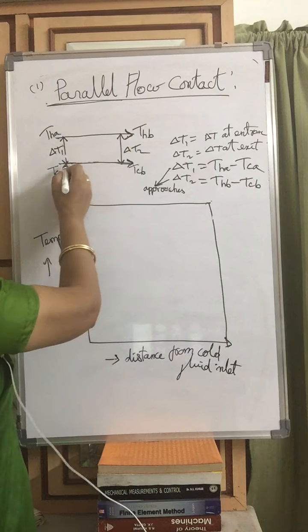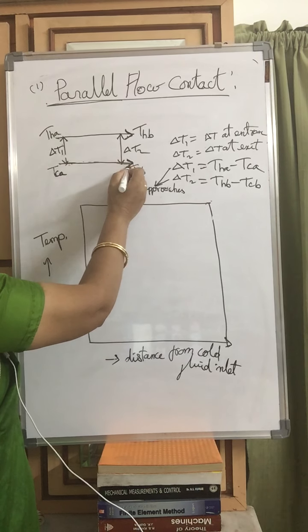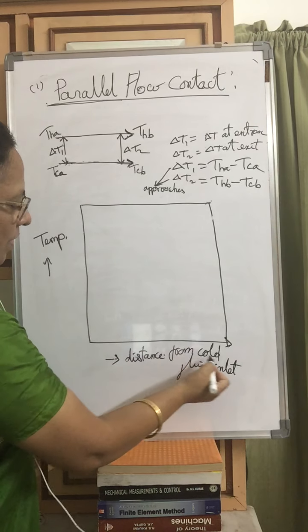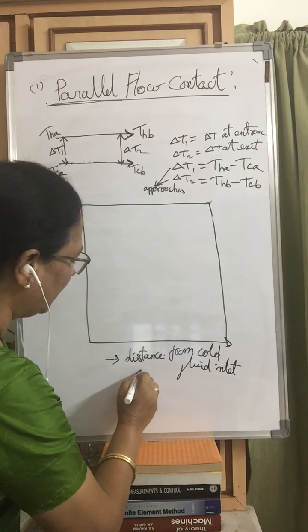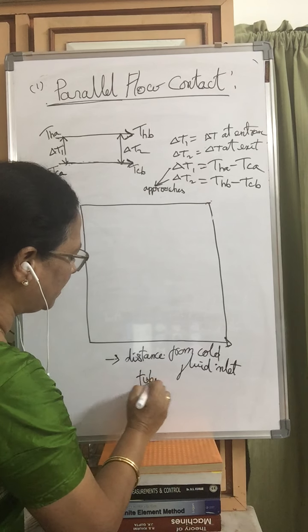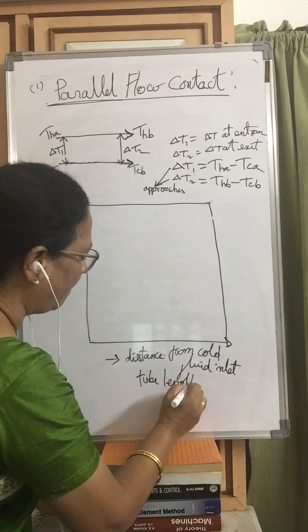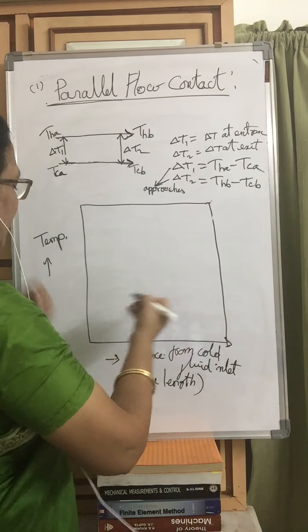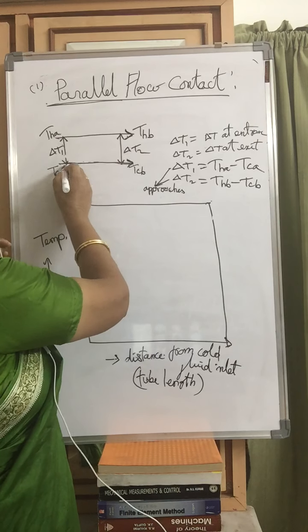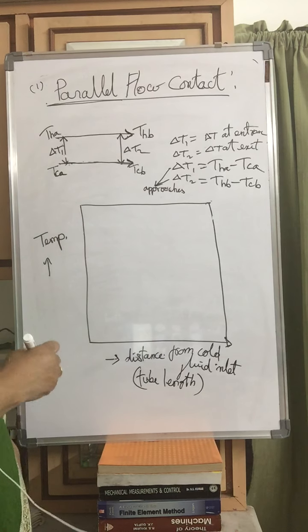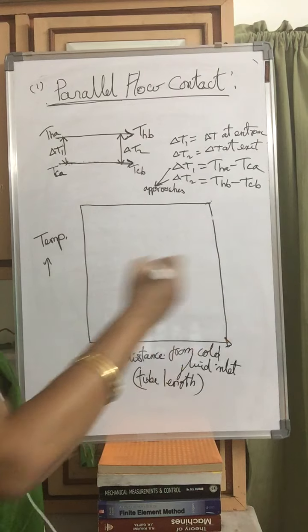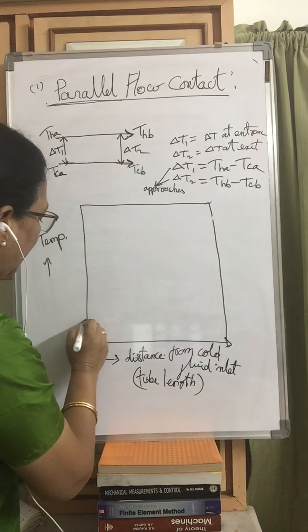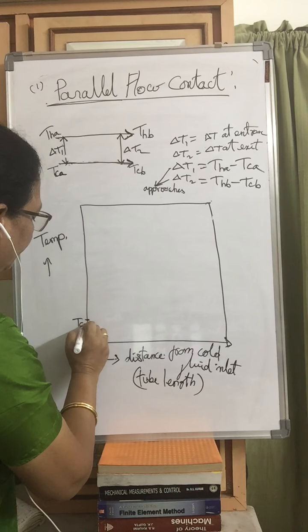Now start with the cold fluid. As the distance, meaning tube length, or pipe length, increases, what happens to cold fluid temperature? Cold fluid temperature will go on increasing. So you start here with TCA.